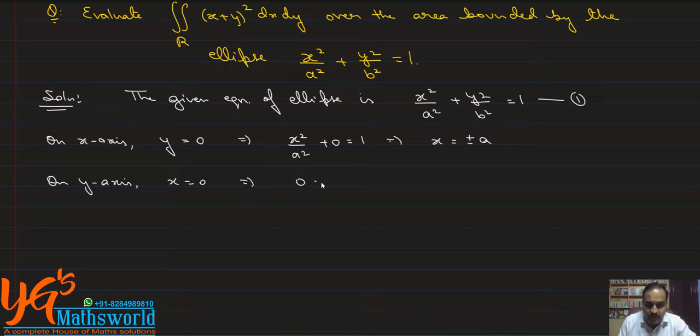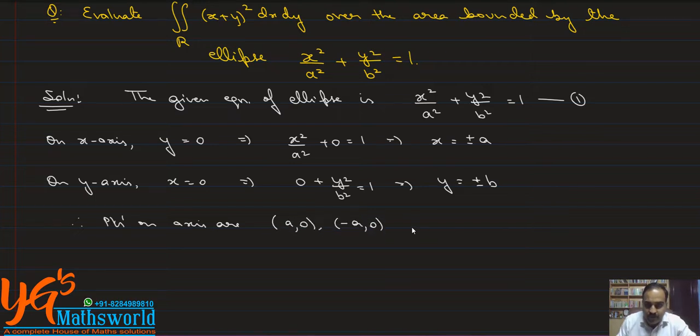That means 0 plus y square upon b square is equal to 1. That means y is equal to plus minus b. Therefore, points on axis are, first (a, 0), then (minus a, 0), then (0, b), and then (0, minus b).